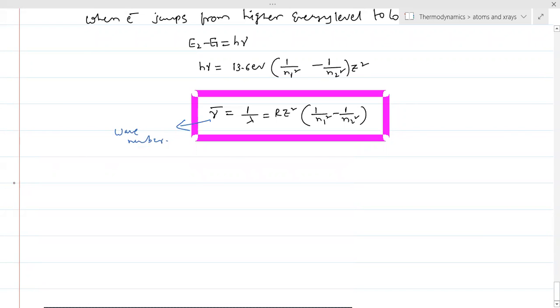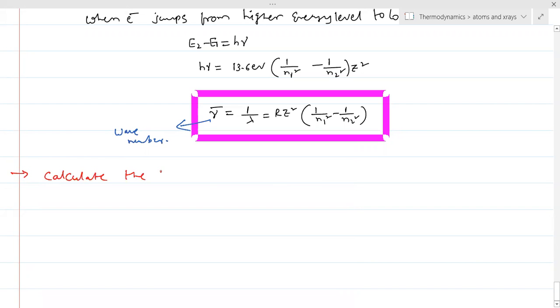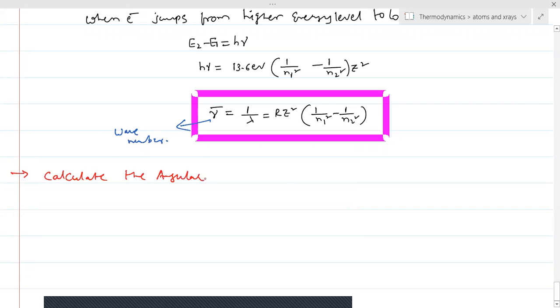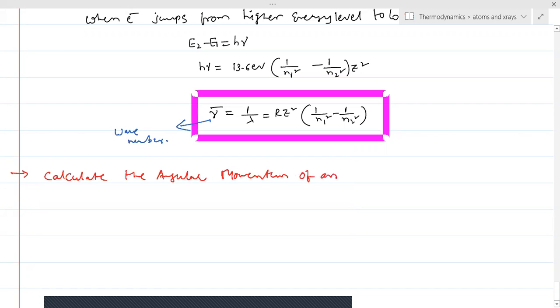So now I'm taking a problem. Calculate the angular momentum of an electron in Bohr's hydrogen atom whose energy is minus 3.4 electron volts.